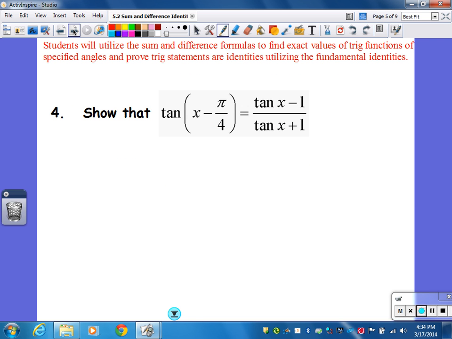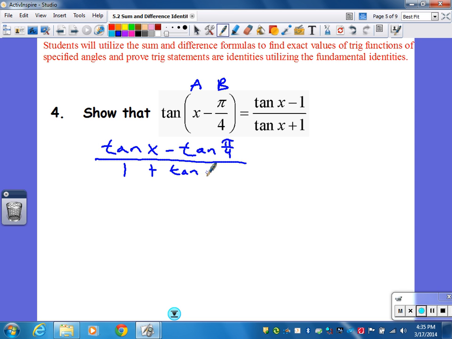So now we have tangent A, so I'm going to mark my A and my B. Tangent A, which is x, minus tangent B, which is pi over 4, all over 1 plus tangent A times tangent B.